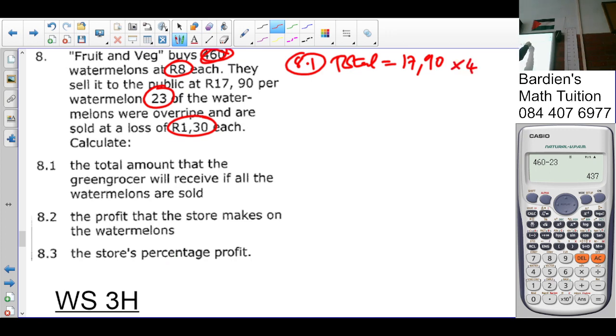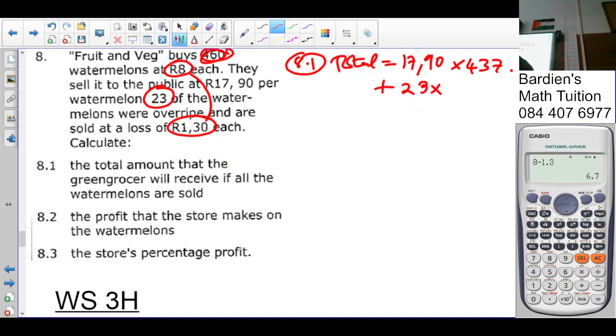So times 437, plus 23 watermelons sold at 8 rand minus 1 rand 30, which gives you 6 rand 70.